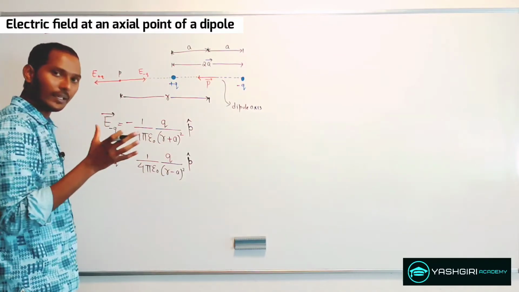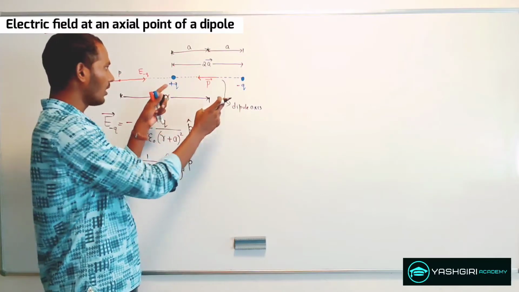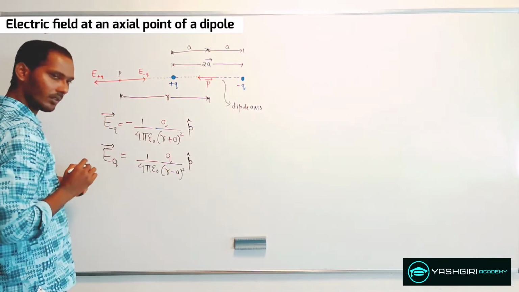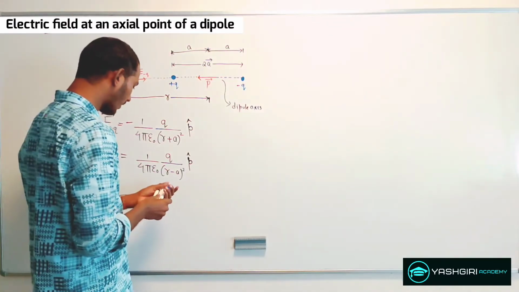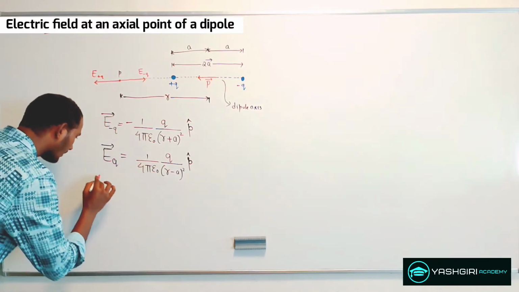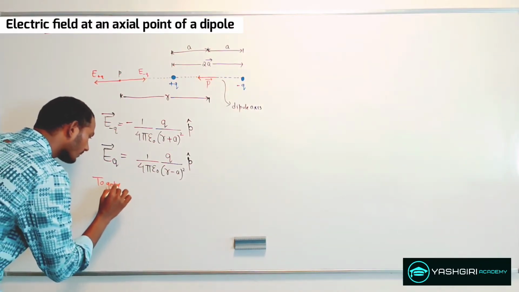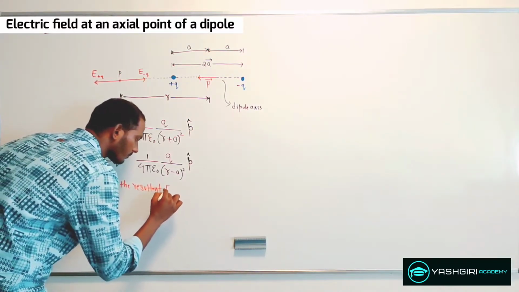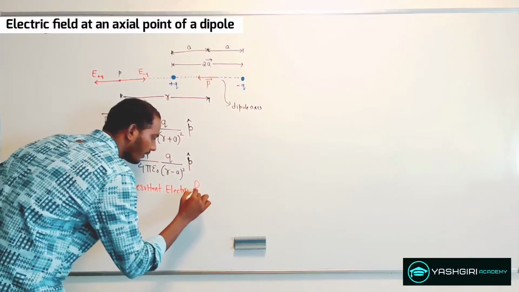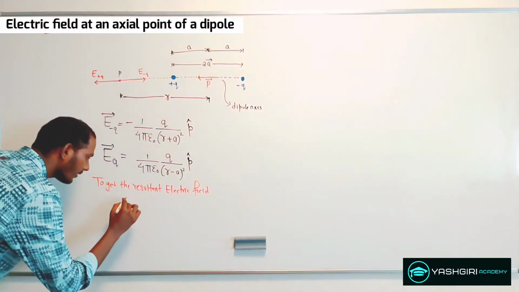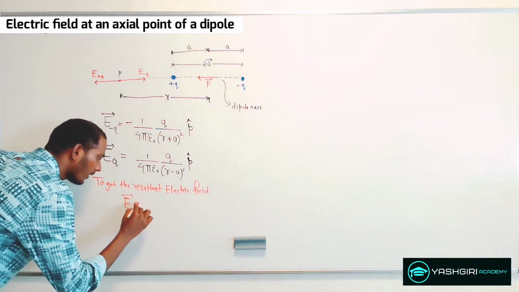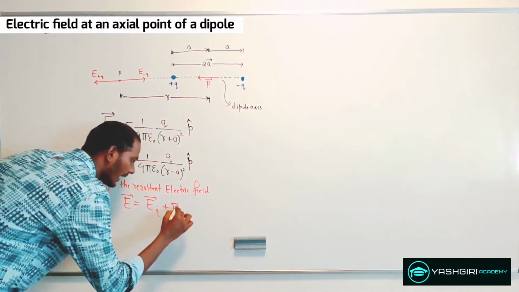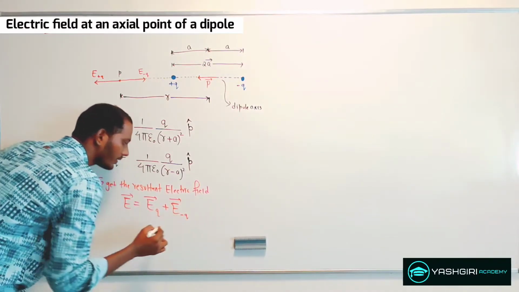Now, to calculate the resultant electric field due to both these charges, what I have to do is add both the electric fields. To get the resultant electric field, I have to add the vector E due to the positive charge plus the electric field due to the negative charge.